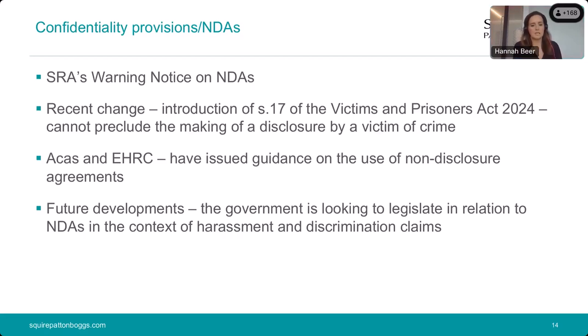The government's impact assessment states that the government's aim is not to reduce or ban the use of NDAs in appropriate circumstances, but to prevent employers from misusing them to silence workers about misconduct, with the ultimate intention of changing business culture to reduce harassment and discrimination. So we'll obviously keep you updated on that as things develop.